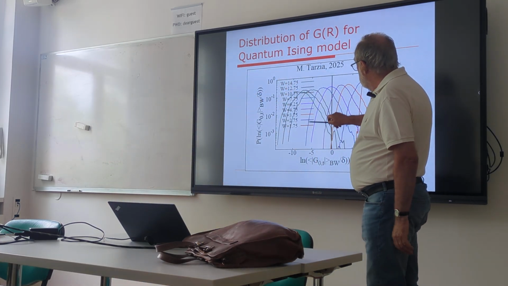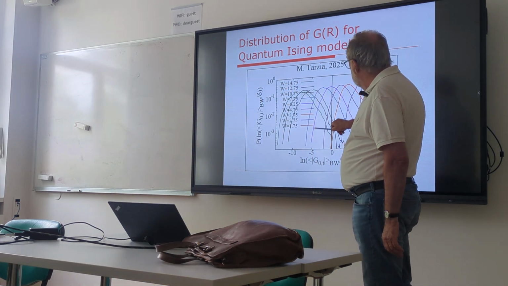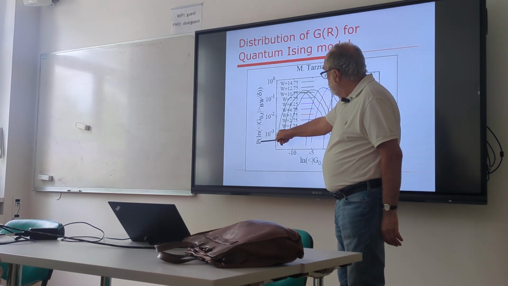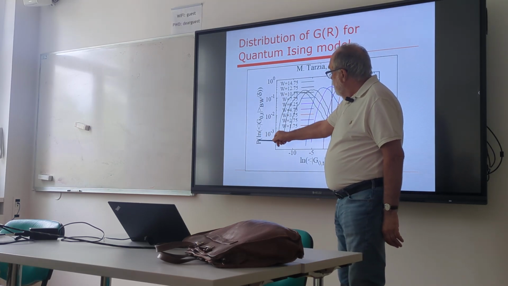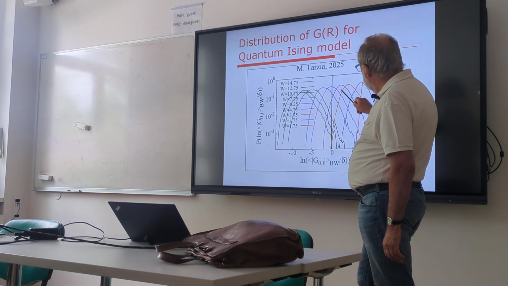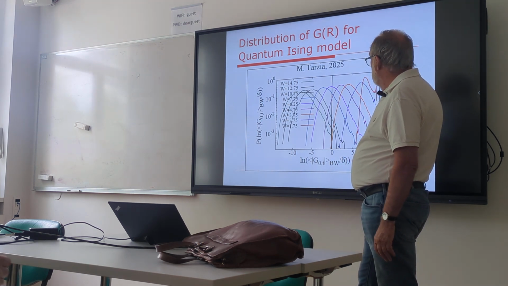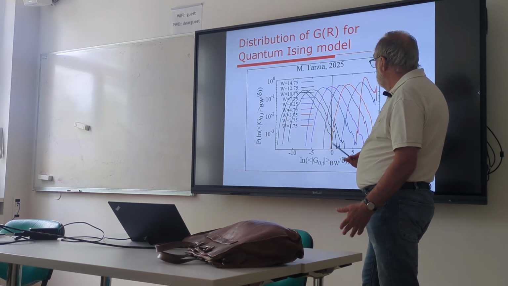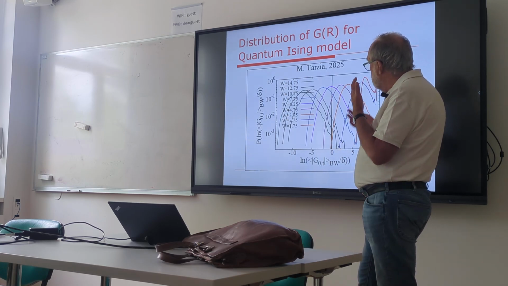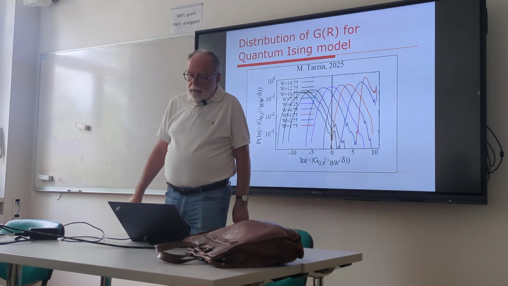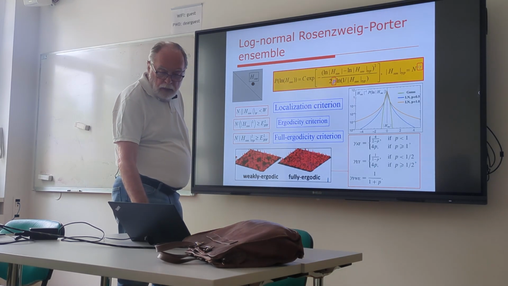The distribution is very much parabolic. I mean, this is the log of the distribution function, and it looks very much like a parabola, and this is the log normal distribution. So in fact, this log normal distribution, at least qualitatively, corresponds to many models with spin chain.